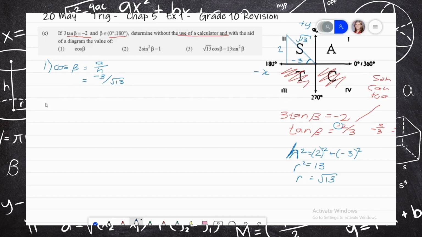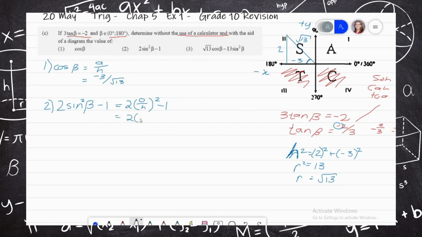Let's quickly do number 2. 2 sine beta minus 1. So that'll be 2 sine squared beta minus 1. Sine is opposite over hypotenuse. To make sure that I don't get confused, I substitute the entire trig identity with its ratio.